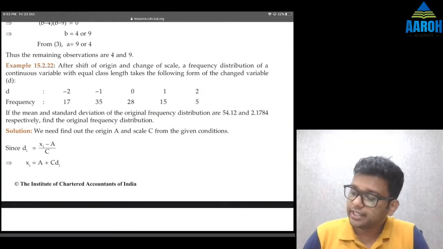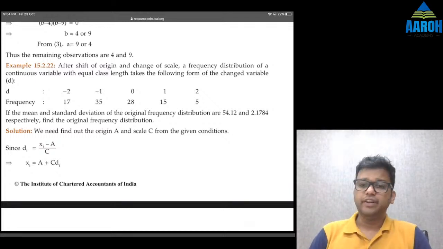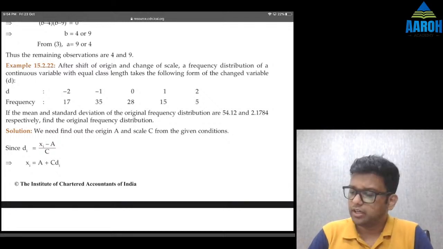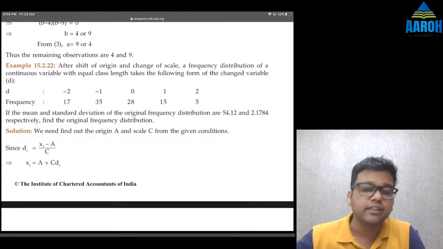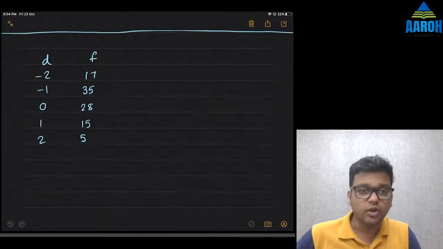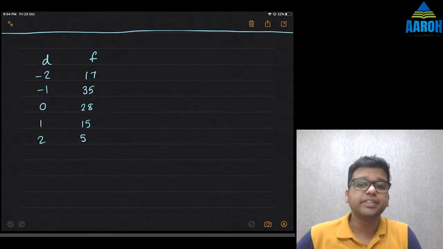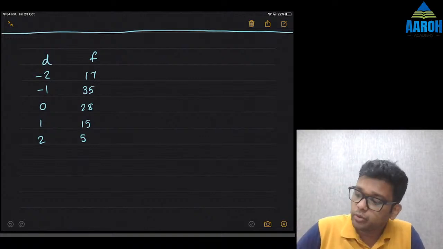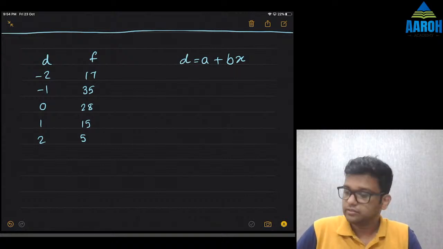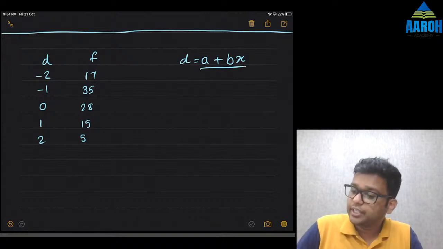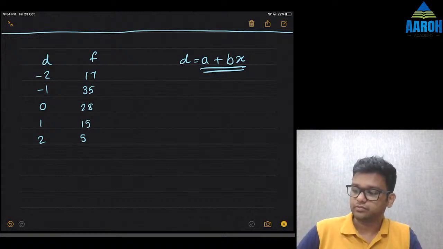After shift of origin and change of scale, a frequency distribution of a continuous variable with equal class length takes the following form of changed variable d. That means this d we have got after change of origin and change of scale. Maybe the original data was x, we changed its scale, we changed its origin, and then we got this new data d.